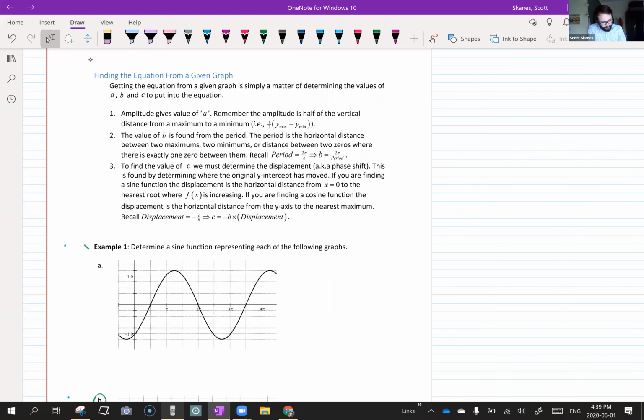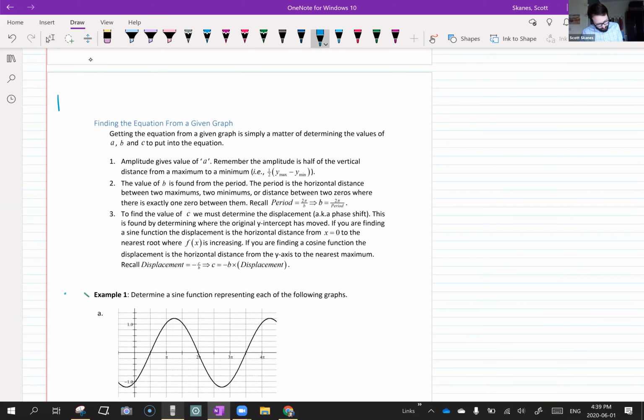Anyway, so finding the equation from a graph. You'll think, we just got a graph from an equation, now we're finding the equation from a graph. For those of you that have lost track of where we are, this is page 32. It says that the amplitude will give us the value of A. Let's be clear here, the graphs we're talking about are the graphs of sine and cosine.